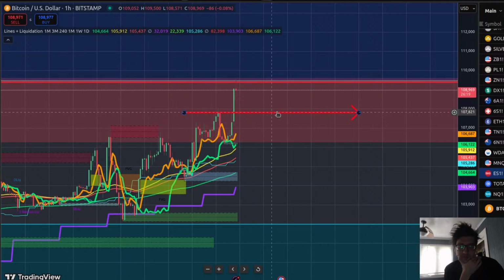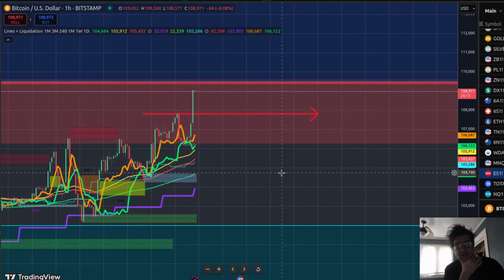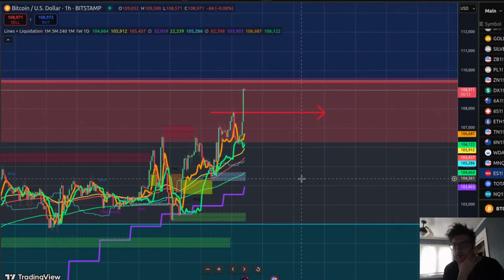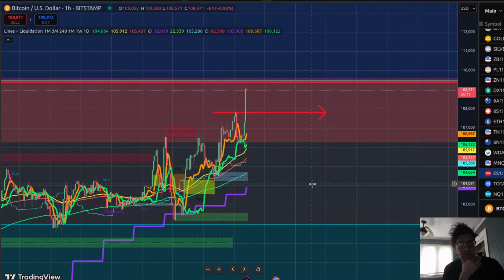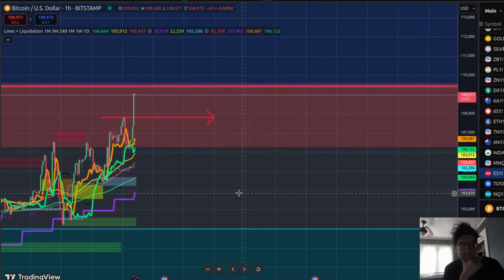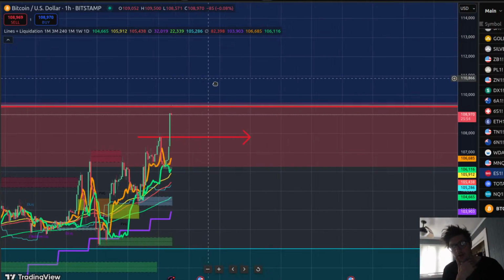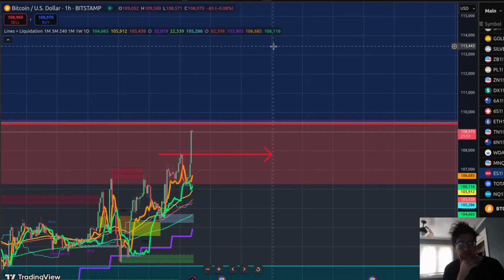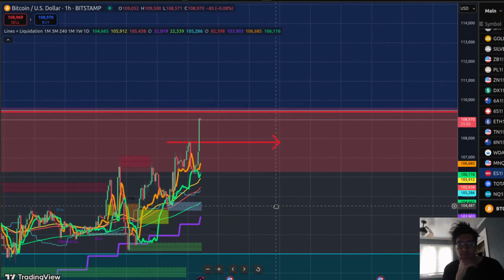But if we use this level as support and ping pong, it's going to be a very volatile, sideways, choppy market, I would say for at least until the 25th or 26th. There's a chance we could just skyrocket and break through to the upside or the downside, but I think it's going to go sideways.